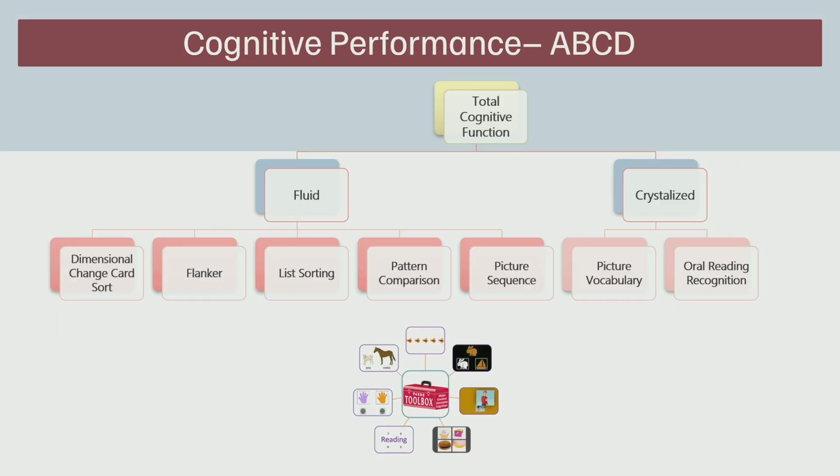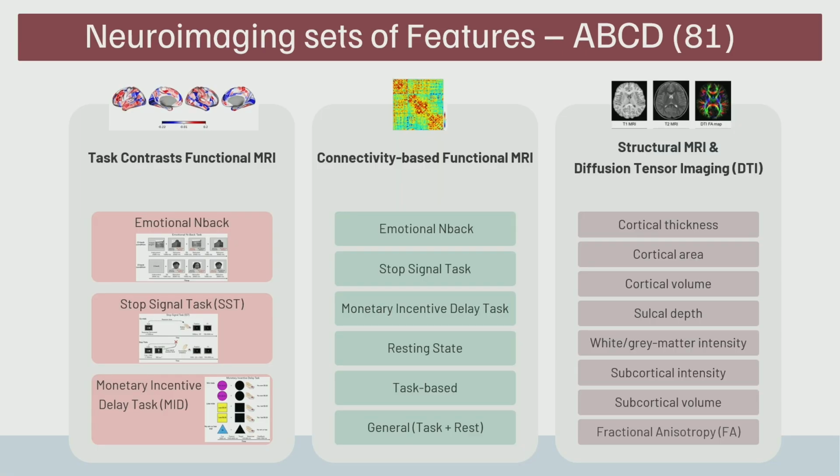So we used the total cognitive functioning score from NIH Toolbox as our target measure for prediction, and also created 81 sets of neuroimaging features, including different task contrasts, functional connectivities from both resting state and task, and also a list of structural MRI and one DTI-related feature.